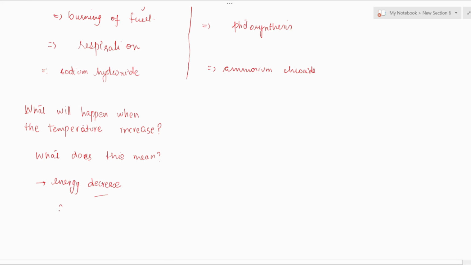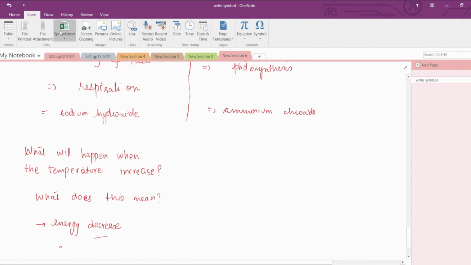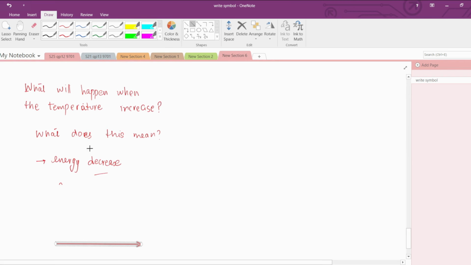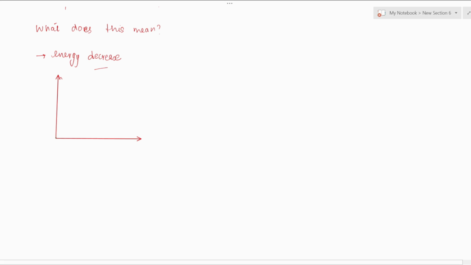If we just make a graph, let's make a graph for this one. The energy of the reactants is high, okay?